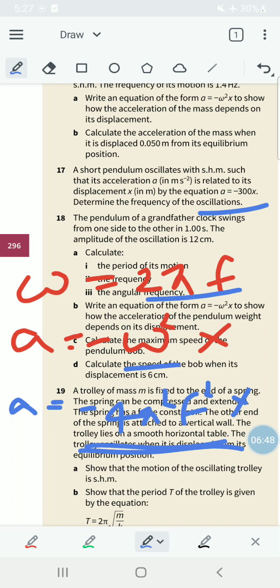The only thing you do not know here is f. 4 pi squared f squared is equal to 300 per second squared, because the x on both sides gets cancelled out. You have to remember this equation, a equals negative 4 pi squared f squared x.